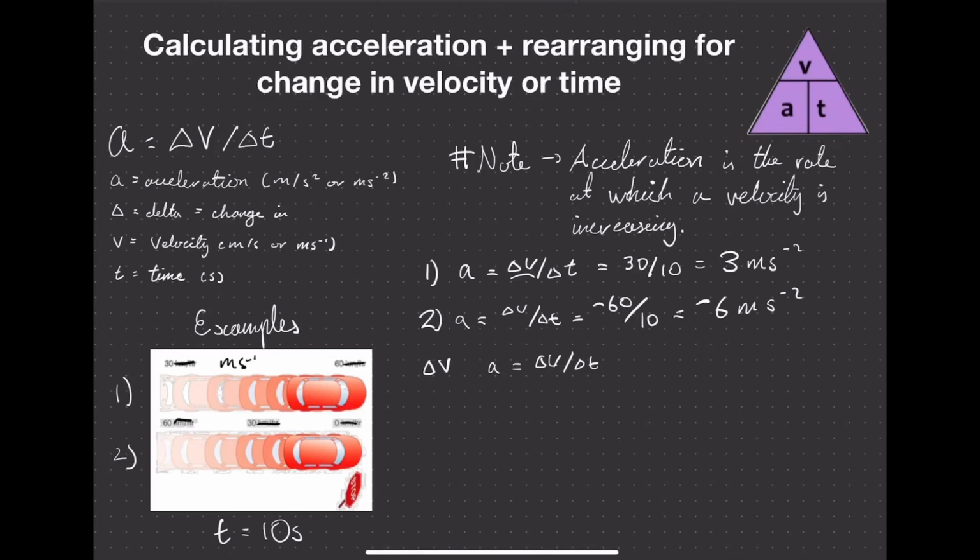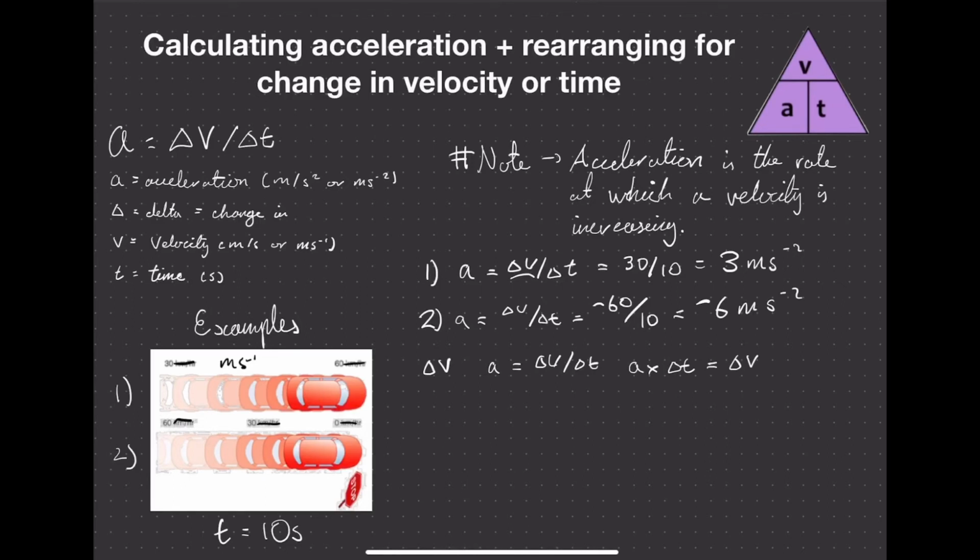Okay, I can see that I want to make my delta V the subject of the equation, so I want to get rid of delta T on this side. So I'm going to change both sides by timesing it by delta T, okay, which will give me A times delta T equals my change in velocity, okay, which should make sense, seeing as how fast we're speeding up times how long we're speeding up for is how much we've sped up.